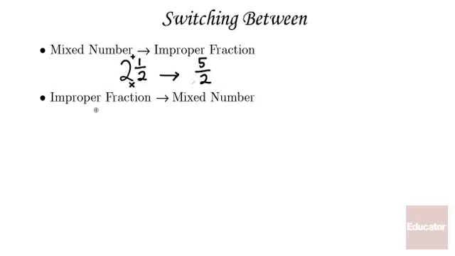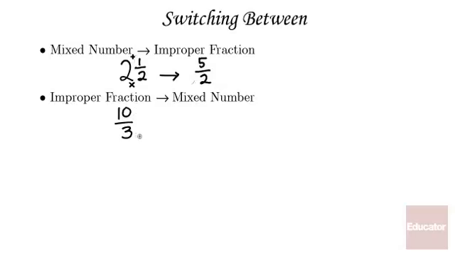Now, if you're going to go the other way, you're going to go from an improper fraction and change it to a mixed number. Say I have 10/3. We know this is an improper fraction because the top number, the numerator, is bigger than the denominator. So in this case, I want to see how many times the bottom number can fit into the top number.